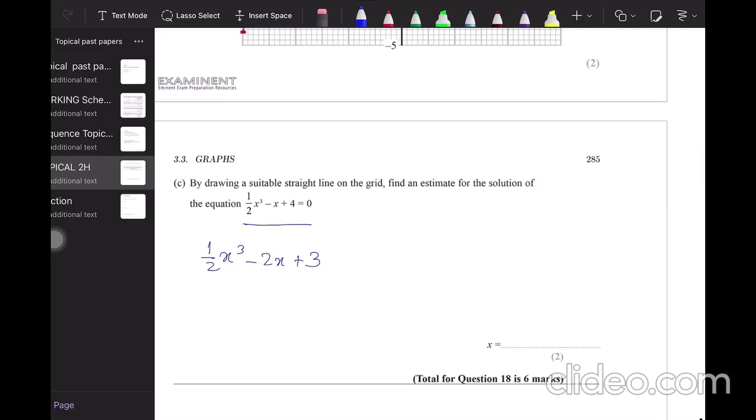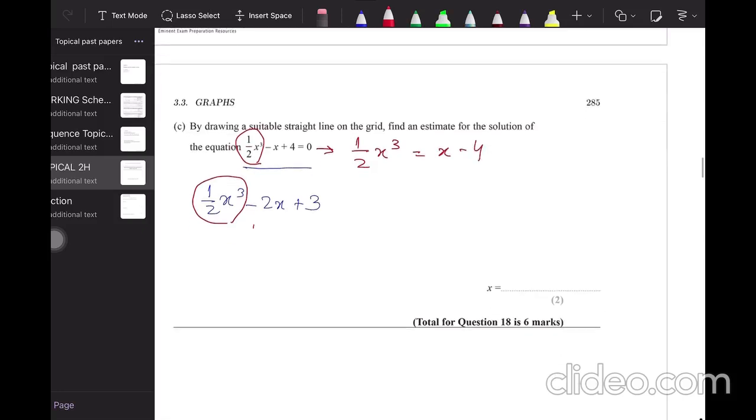So if the function is given and you have to solve another equation from that function or from that graph, the best technique is to identify the common part in both the equations. So I can see this one and this one is the common part in both of them. In both equations, I will make this common part the subject. So from this equation, half x cubed is equal to x minus 4.